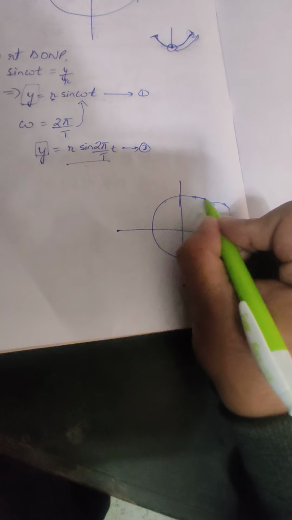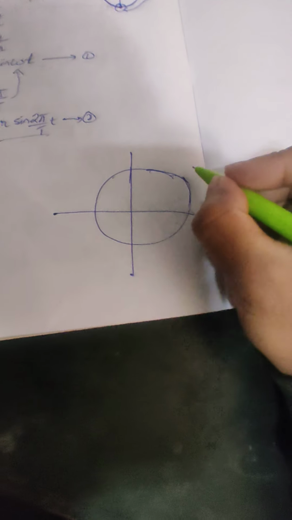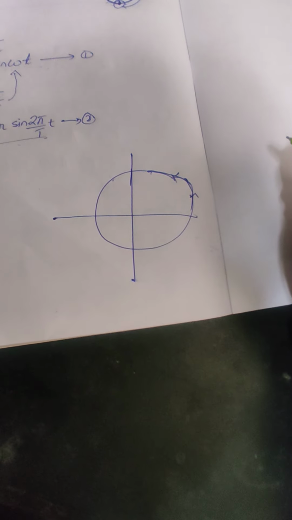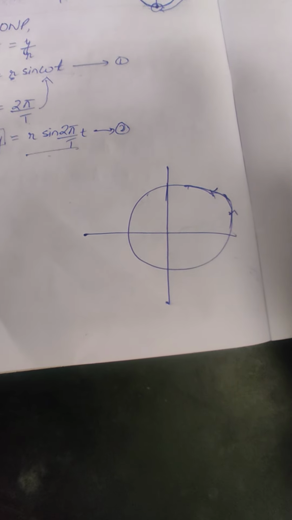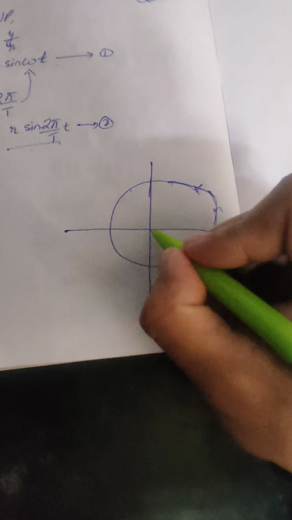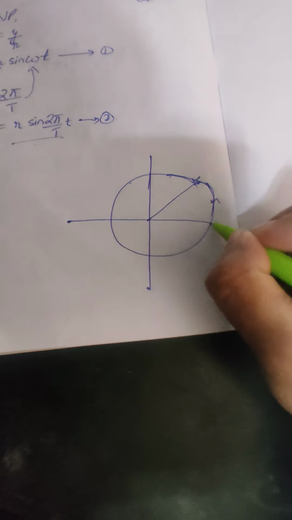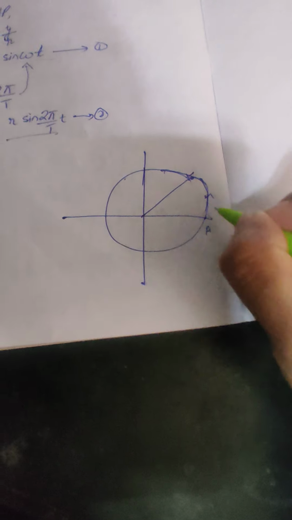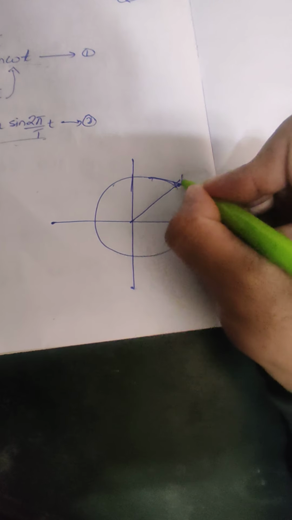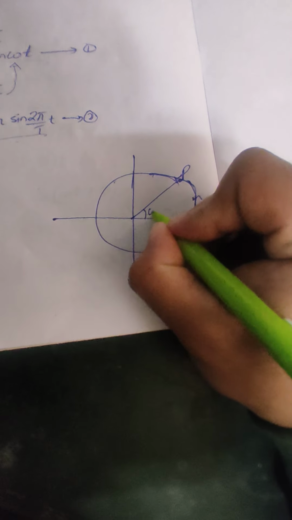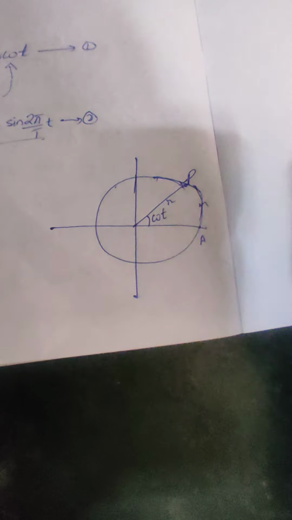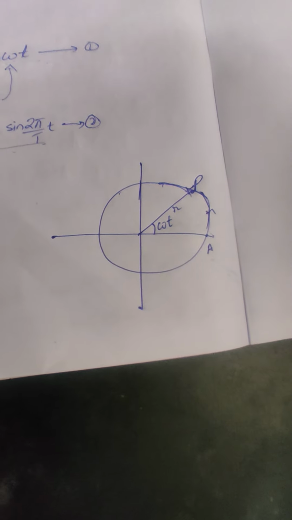I'm not very good at drawing. At time t equal to 0, let the particle be at point A, and at time t, just like the same introduction, let the particle be at the point P, let the angle made by it be omega t, and let the radius of the circular motion be r.